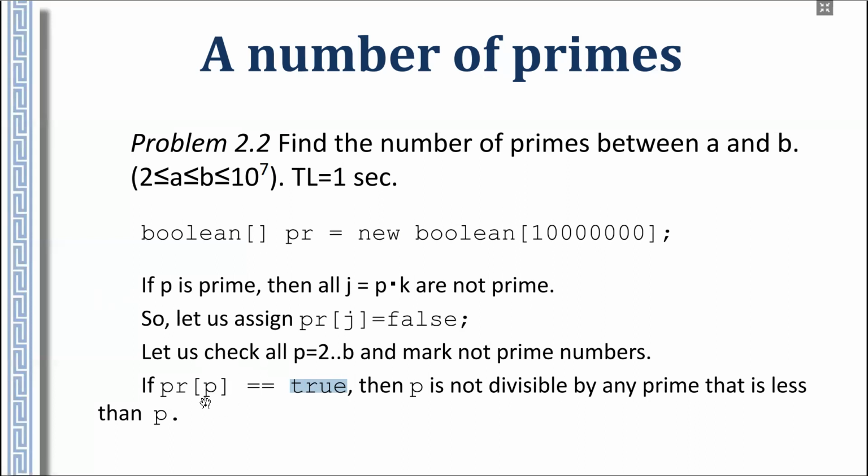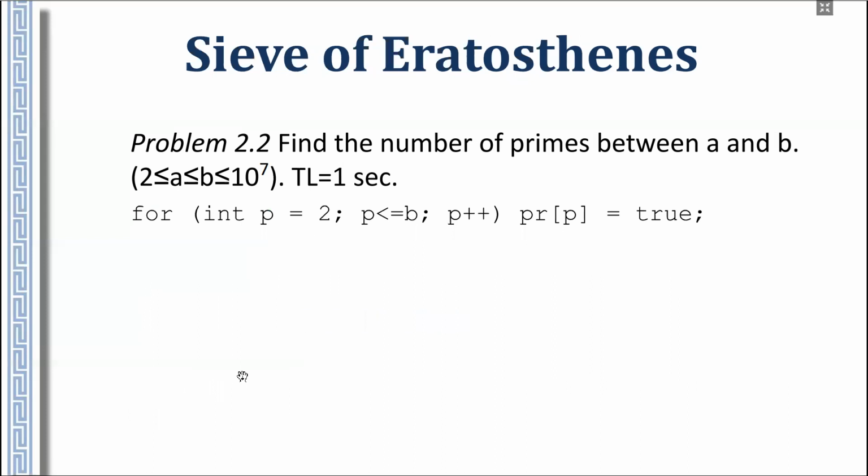That's why we can be sure that P is prime, and we can run the same process marking all elements that are multiples of P as false too.